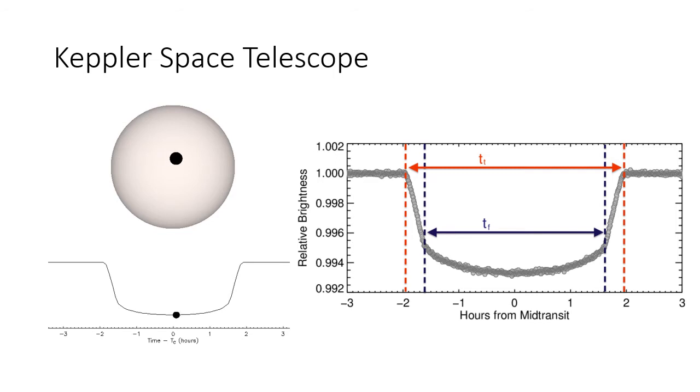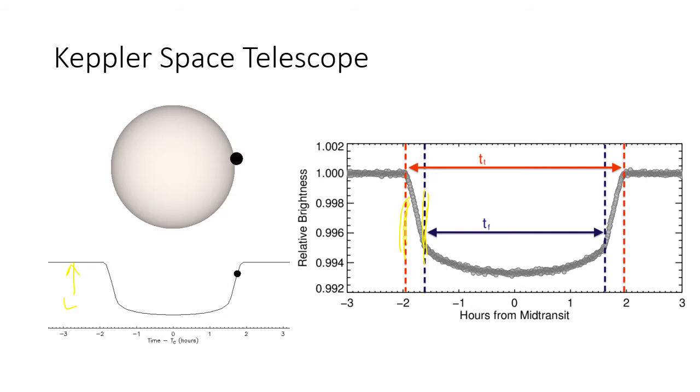Now, the transit information from Kepler doesn't just tell you that there is a planet there. If you have a look at this, of course, it's telling you quite a lot about what's going on. This dip here between the dotted lines on my second diagram, how long that takes, tells us about the size of the planet compared to the star, as does the depth here.